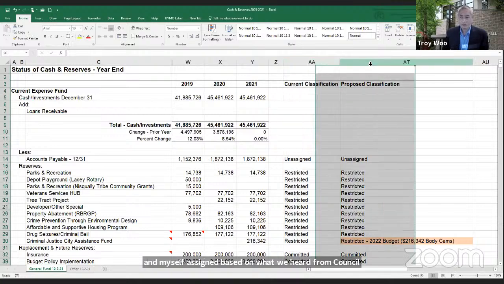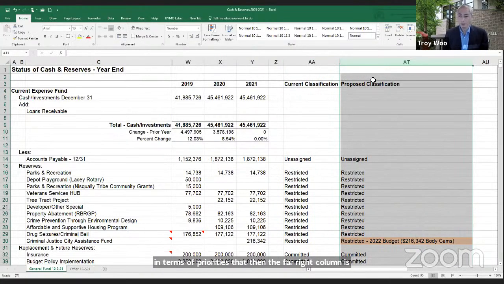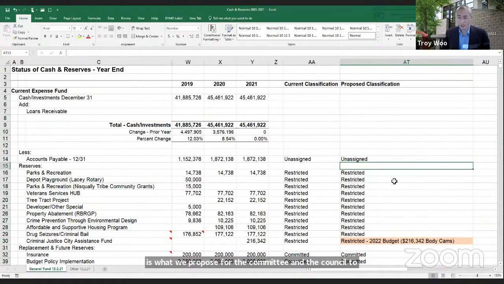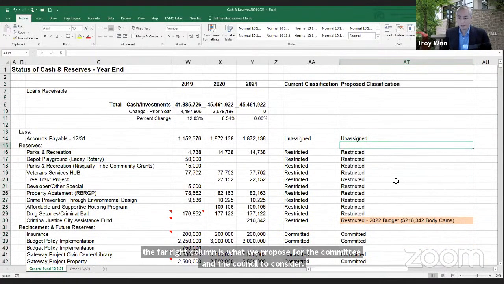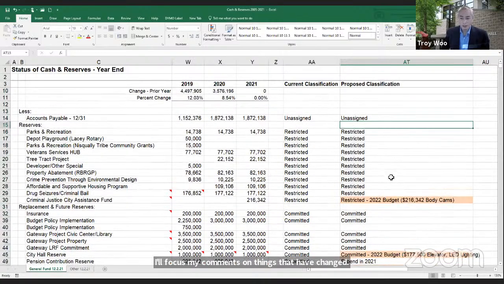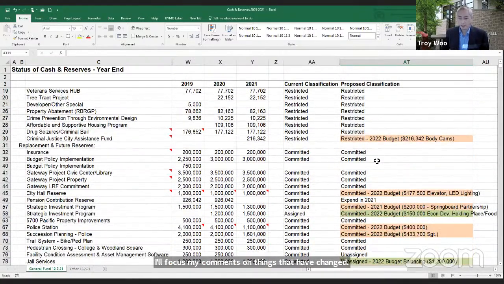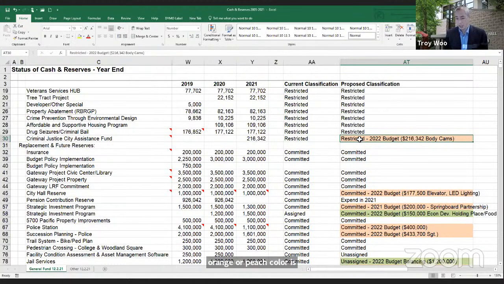And then the far right column is what we propose for the committee and the council to consider. I'll focus my comments on things that have changed rather than things that have stayed the same. To give you a guide on the color coding, this orange or peach color isn't really a change, but it's just a highlight that we are planning to use those reserves in the adopted 2022 budget.